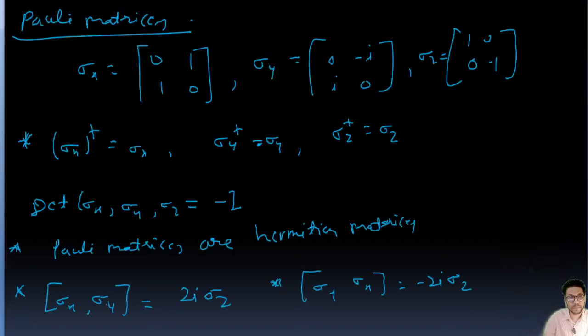And this one is very important, the anti-commutation of sigma x sigma y, and that is 0, guys. Similarly for sigma z sigma y, and also the anti-commutation of the same, sigma x sigma x or sigma y sigma y, is going to be 2.